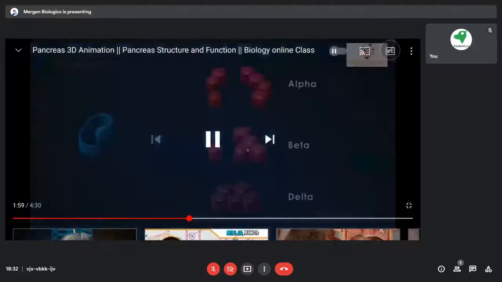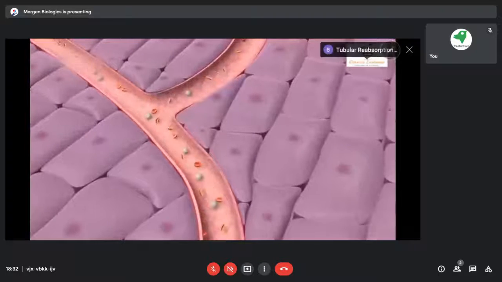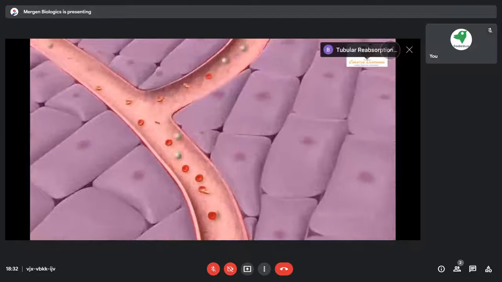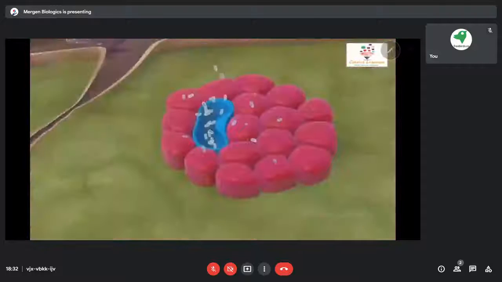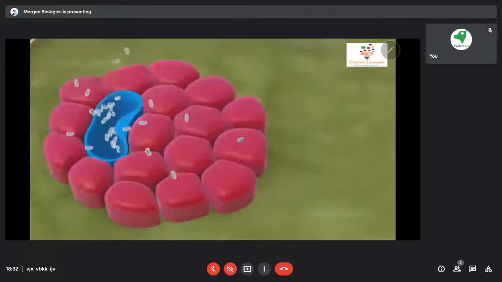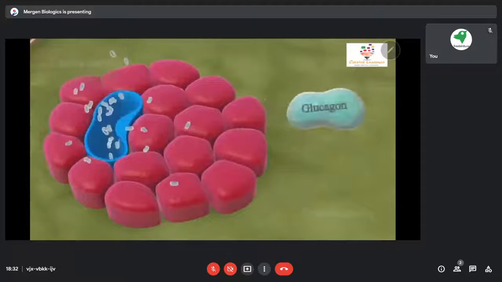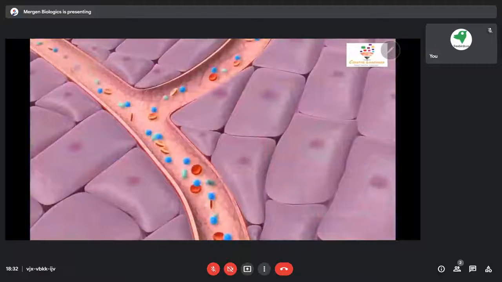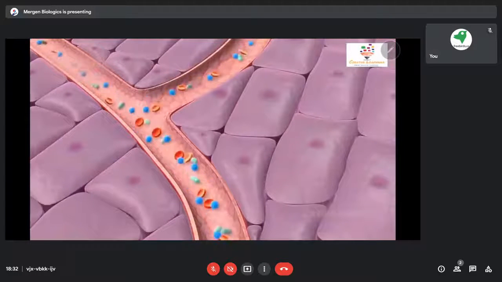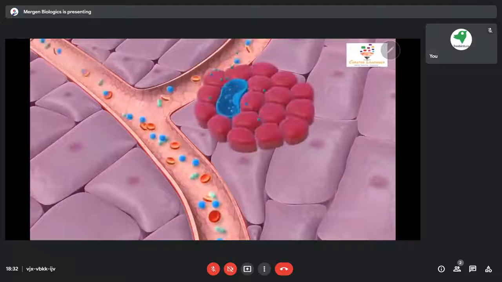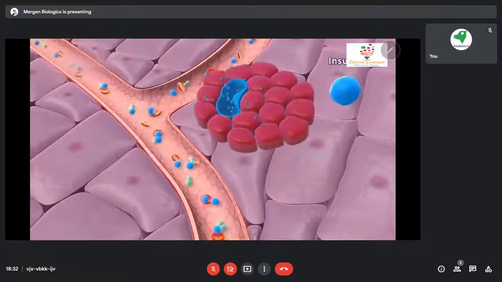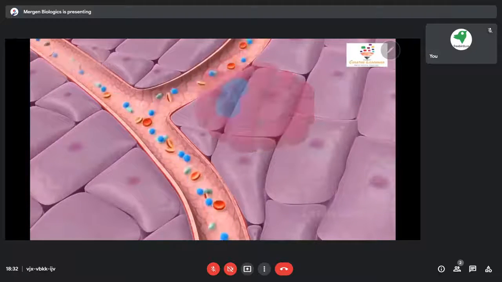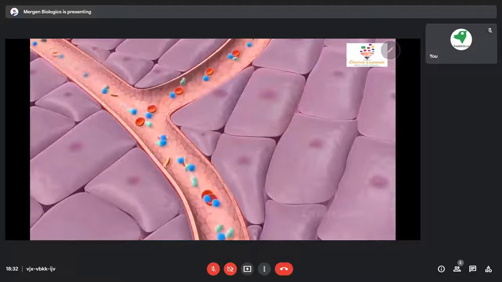Alpha and beta are the primary ones. Alpha cells secrete the hormone glucagon. The beta cell secretes the hormone that I am talking about repeatedly in my presentation, insulin.